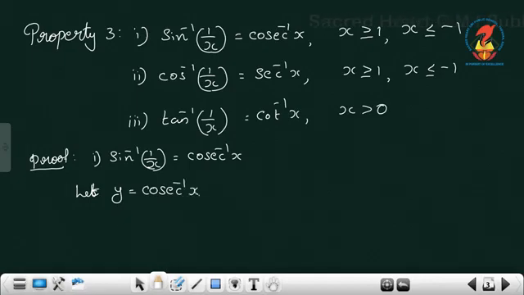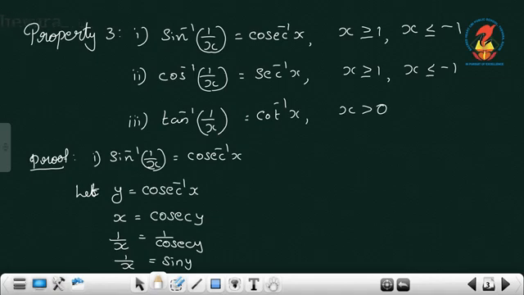So we can write x is equal to cosec y. Now what is 1 by x? 1 by cosec y is the same as sin y. So 1 by x is equal to sin y.